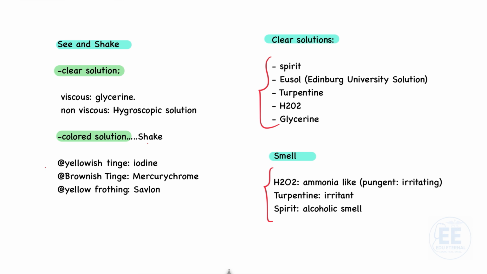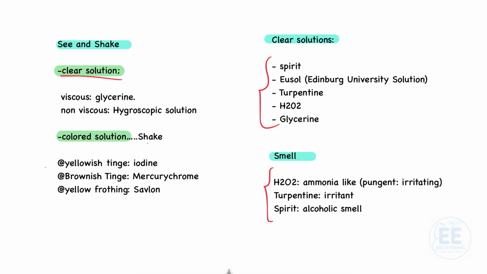We will talk about this. Clear solutions include spirit, Eusol, which is called Edinburgh University Solution. Next is turpentine, hydrogen peroxide, and glycerine. If we further classify the clear solutions into viscous and non-viscous, glycerine is viscous and other hygroscopic solutions are non-viscous.